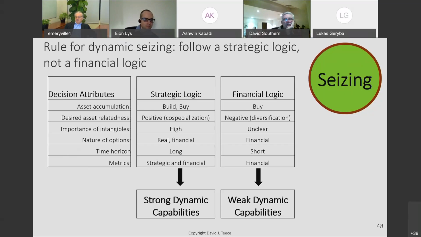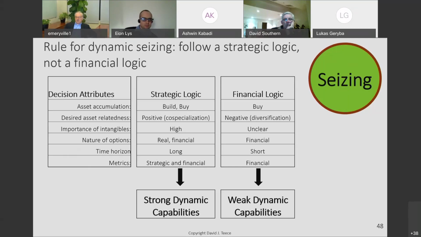Of course, when it comes to options, yes, finance folks understand options, but with strategic logic, options matter, but they're real options. By real options, we mean the choices. You've got the options to make further investments. You spend money on R&D to get through phase one, then you have the option to do phase two.